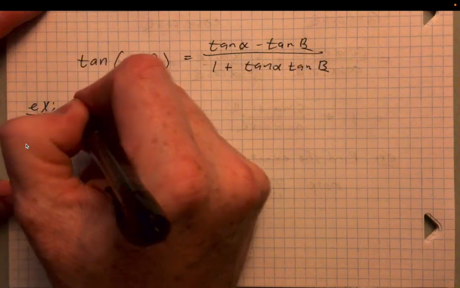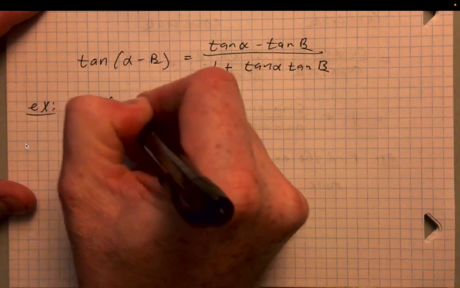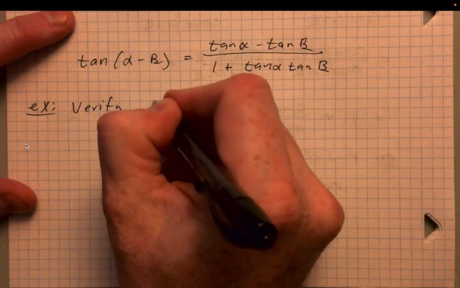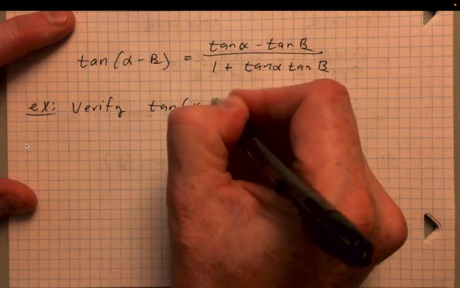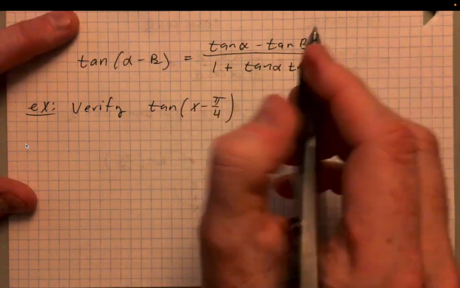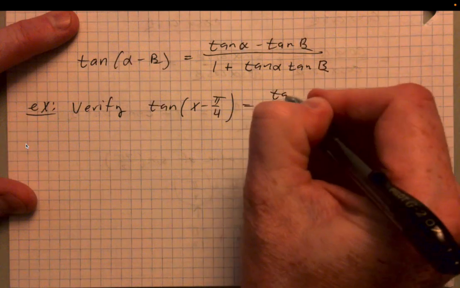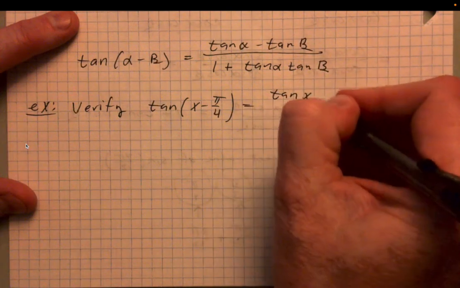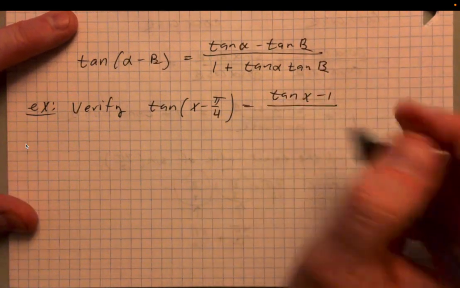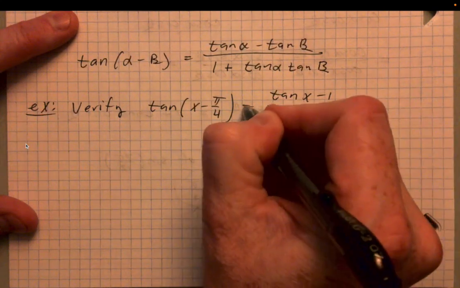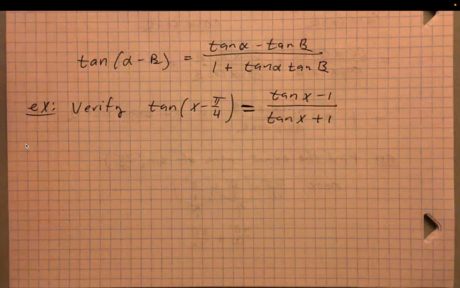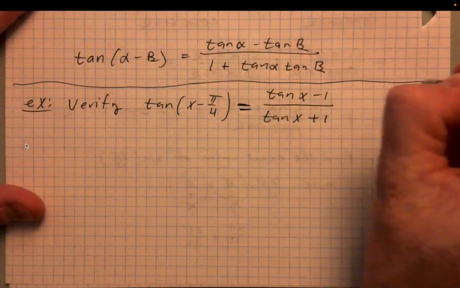Let's verify that the tangent of x minus pi over 4 is equal to the tangent of x minus 1 divided by the tangent of x plus 1. So that's got a nice look to it. Okay, so let's verify this.